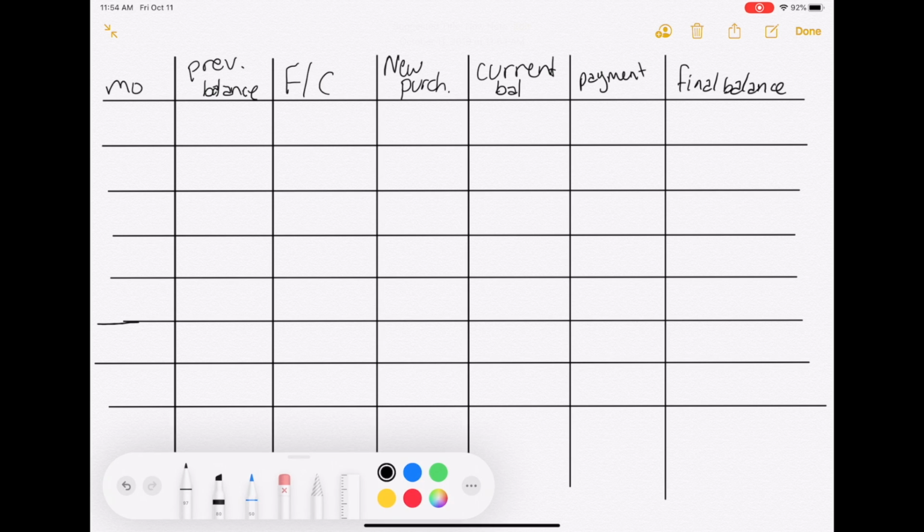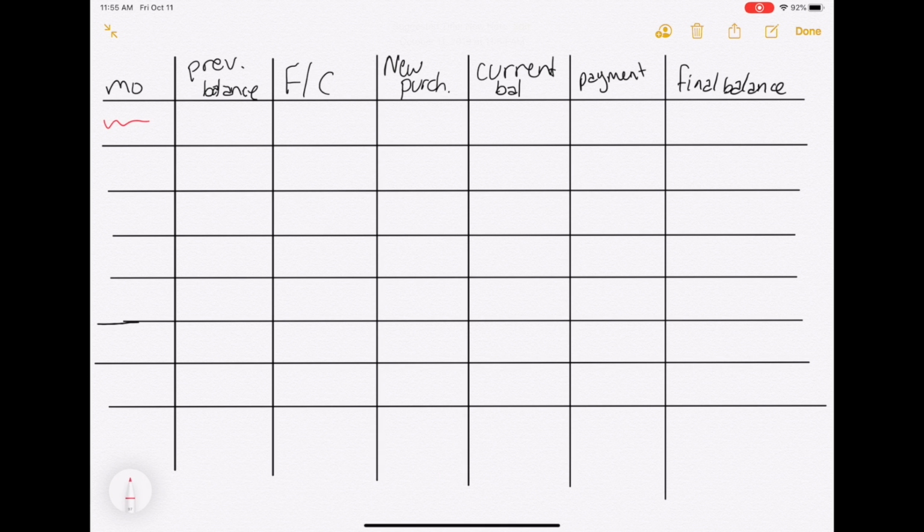So now let's look at where those numbers are coming from. The month, obviously, is the month we're looking at. The previous balance comes from the final balance of the month prior. The finance charge is calculated using APR and is going to be added in.